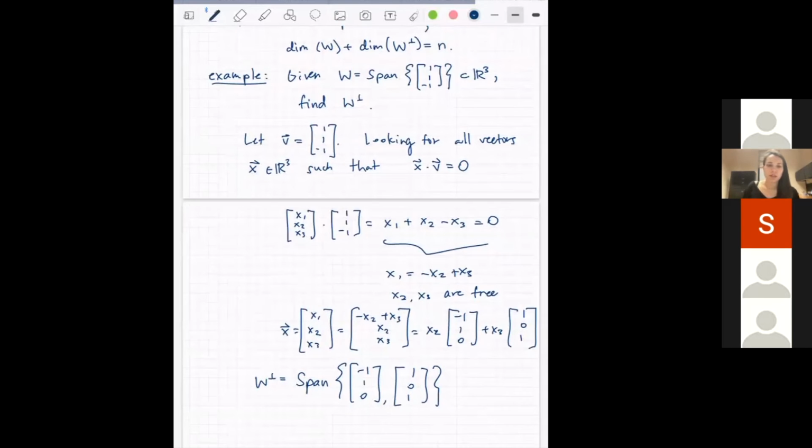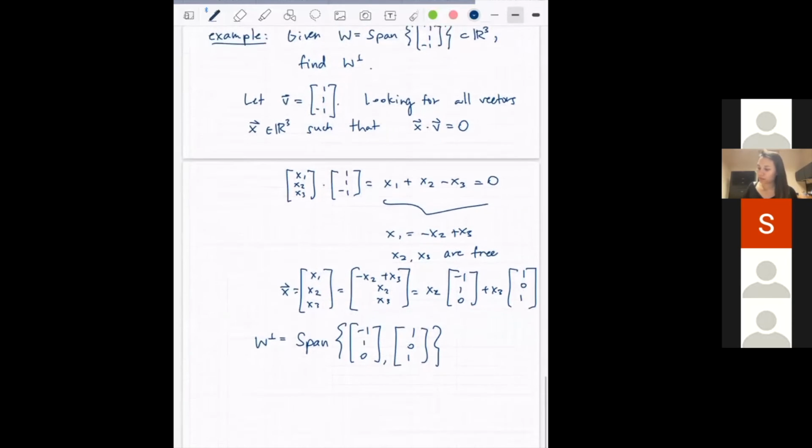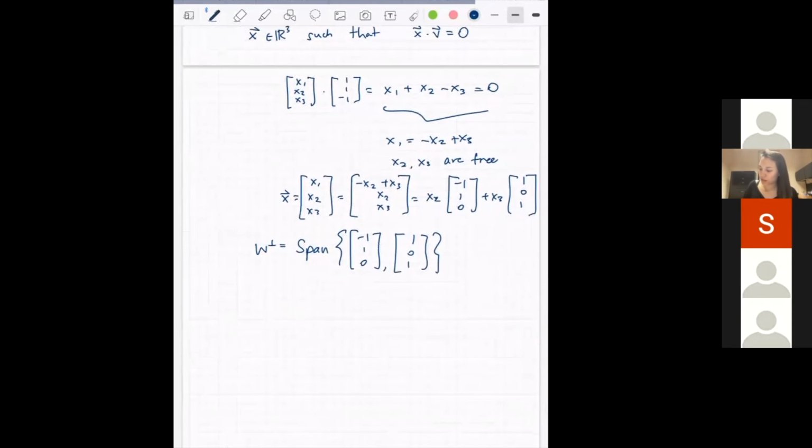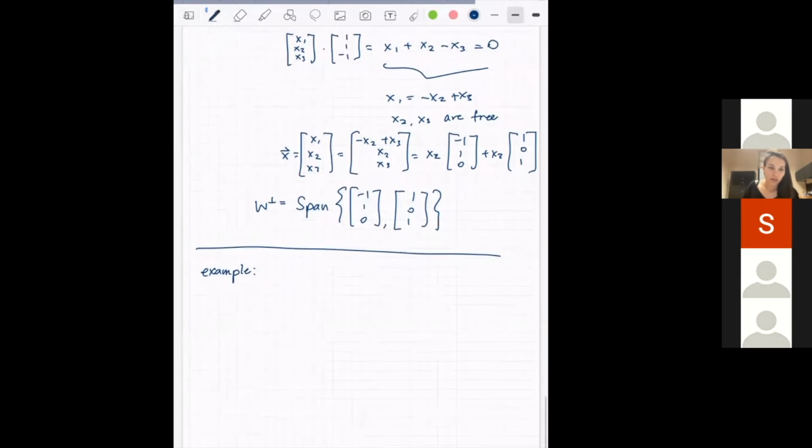So this is how we would go about finding W perp. We can do another example. So say W is now, we'll still be in R3, but W will be the span of the same vector (1, 1, -1), and also (1, 1, 1).